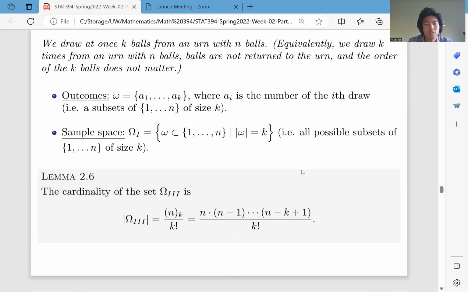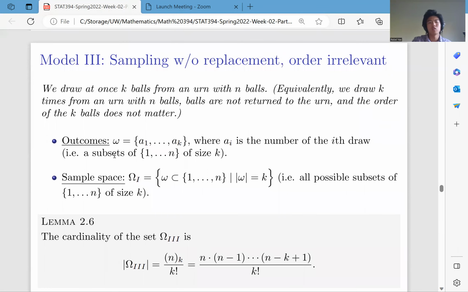Okay, and the sample space here we denote as omega. I think it should be omega 3, not omega 1, because this is the third model, so this might be a typo. So what is the sample space? The elements of the sample space are outcomes.